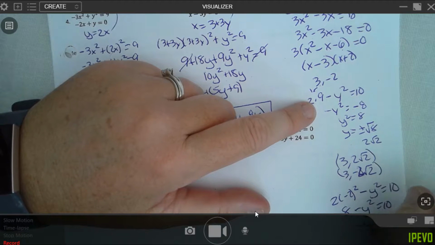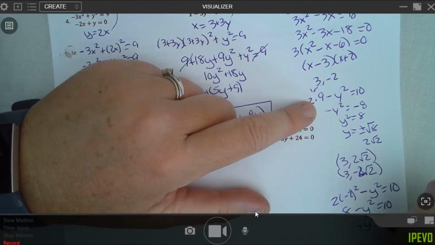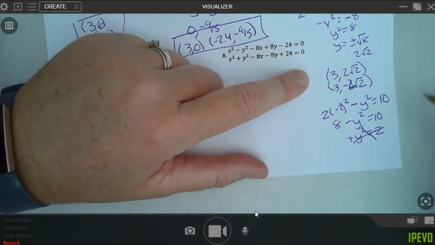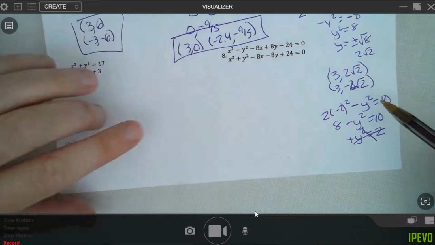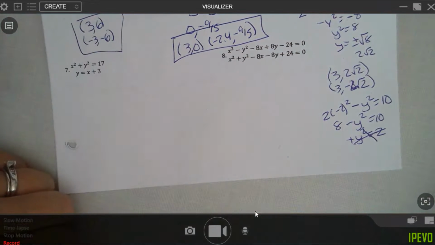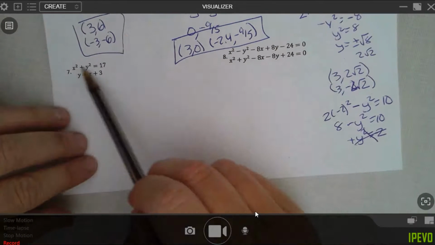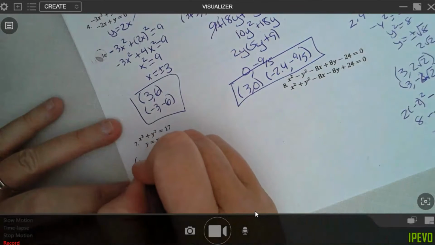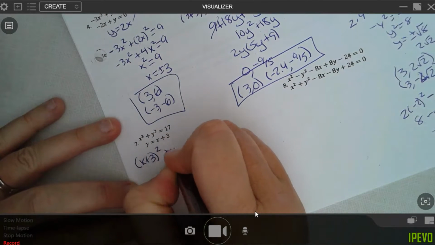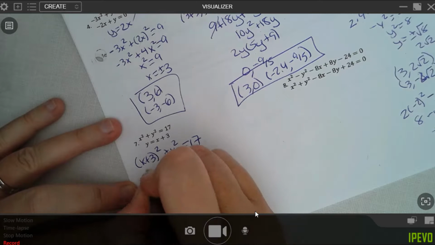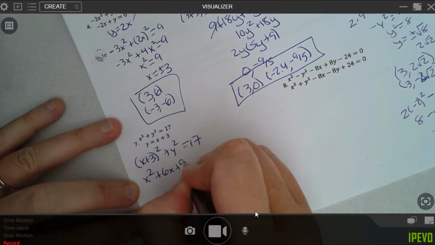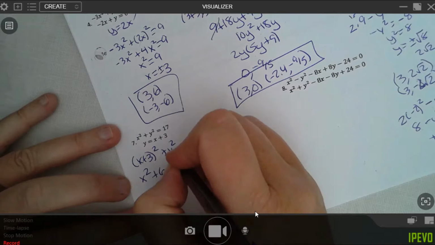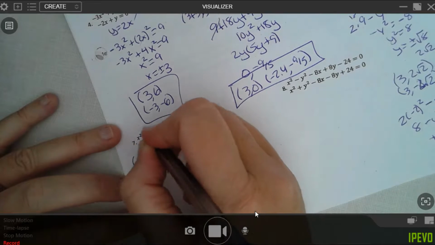This time when I subtract it over and divide by a negative, y squared equals negative 2. That's imaginary, and since these are where the two graphs intersect, we don't use that one because they won't intersect at imaginary values. So go ahead and pause and try to do number 7 on your own, and then you can unpause it and you can see the work that I did for it. I should have plugged those into the other equations.